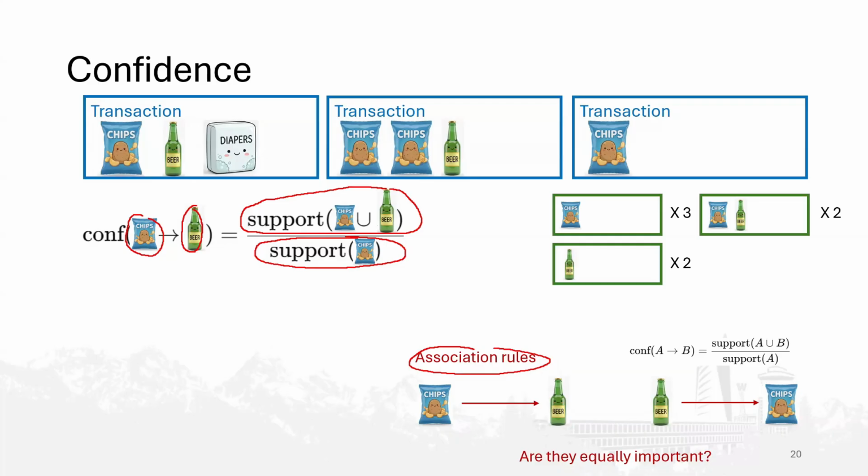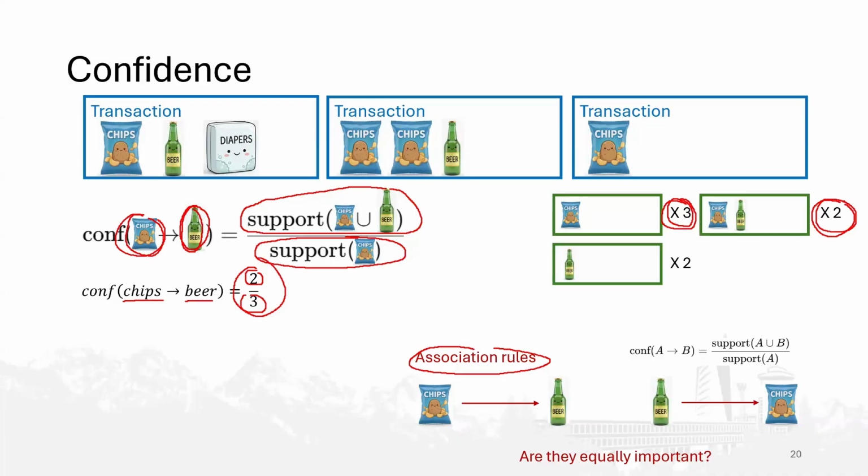If you recall the frequent item set here, the customer buys chips 3 times, where only 2 of them, they also buy beer. So that means the confidence for when you see the chips, how likely they will buy beer will be 2/3. Because that is the data you can see from the item set. From 3 times the customer buys chips, you only see 2 times they also buy beer. So the probability that the customer buys chips and then buys beer will be 2/3.